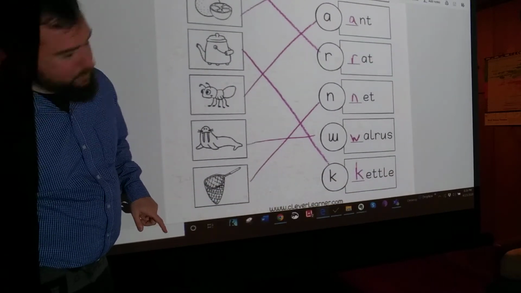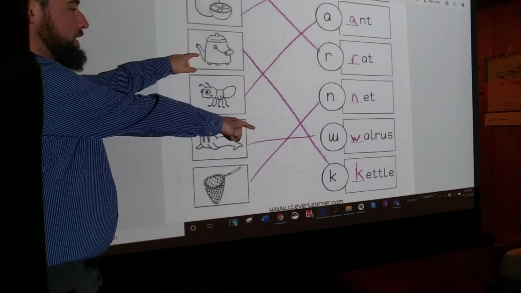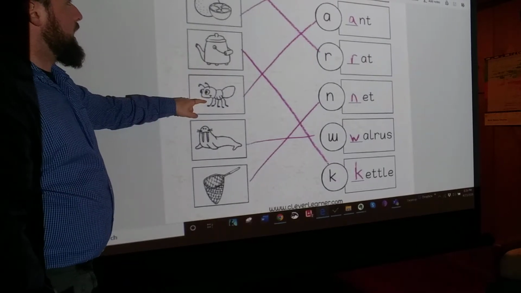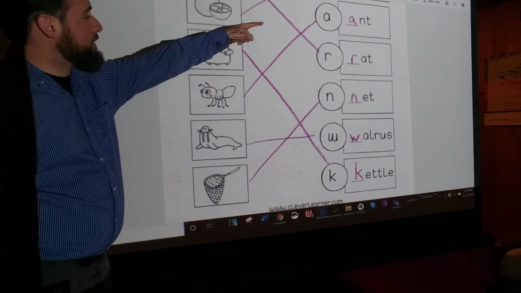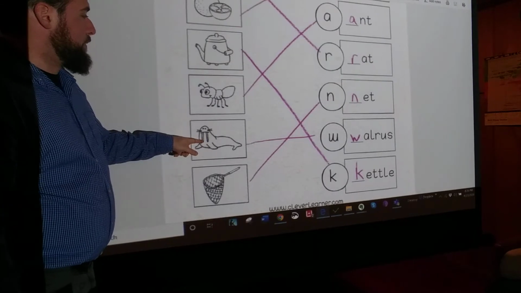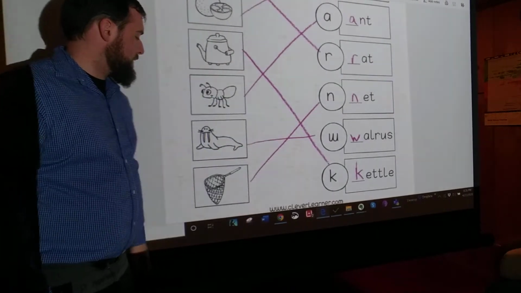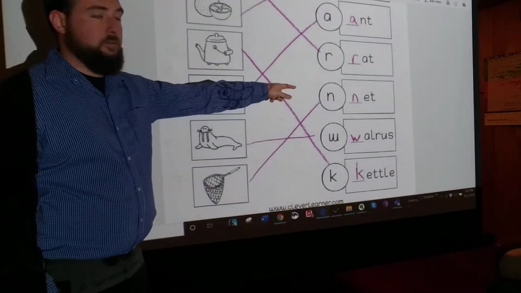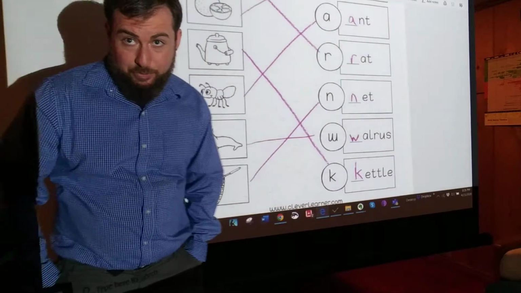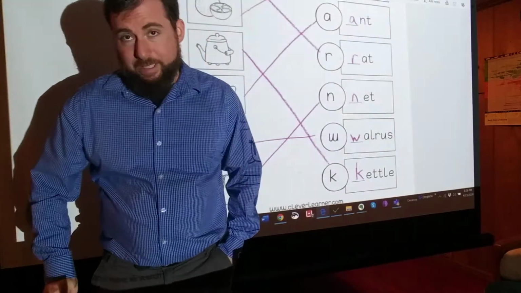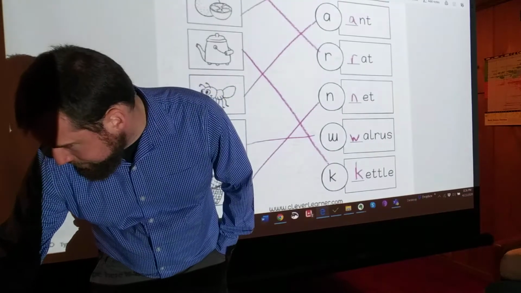K for kettle. A for ant, W for walrus, N for net. How you doing? Ready to go on to the next one? All right, let's go ahead.